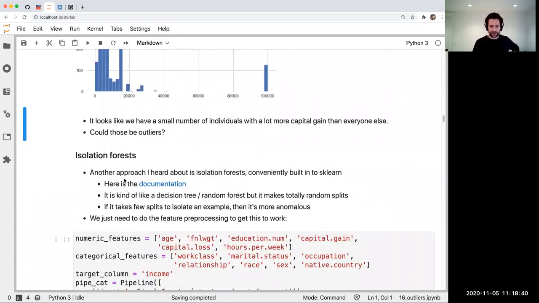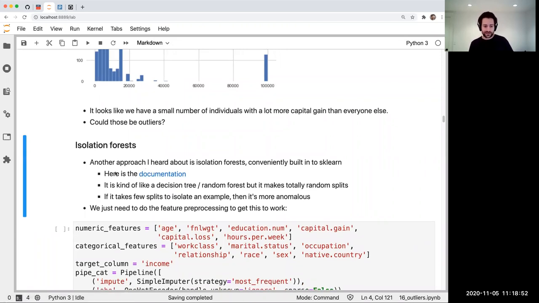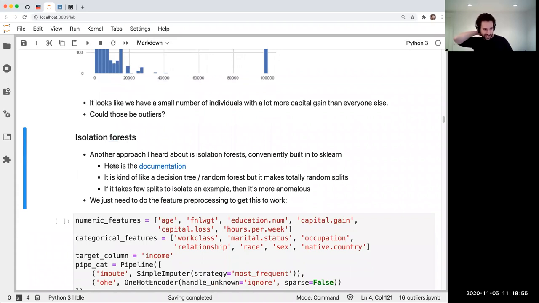Okay, so isolation forests. I'm not super familiar with these, but I heard about them, and so I went and looked them up. They're implemented in scikit-learn, and they're basically an outlier detection method built into scikit-learn. Someone asked earlier if there's a way to find outliers. It's not the only way, but this is a way.